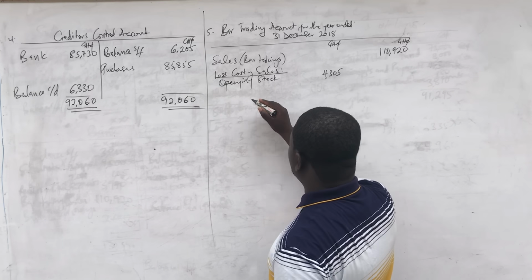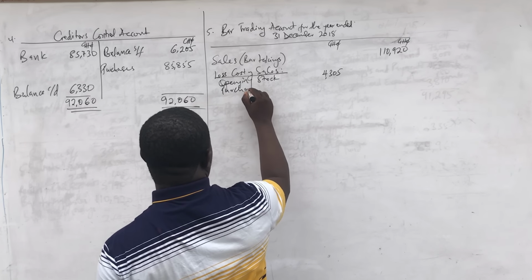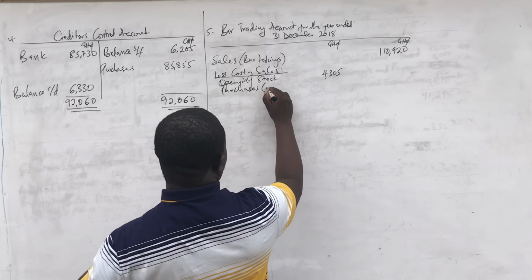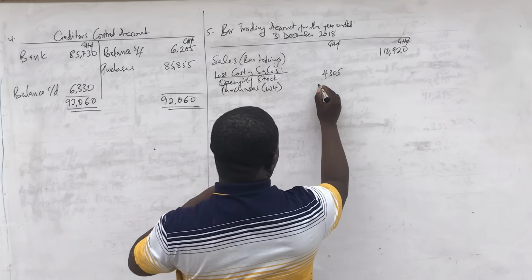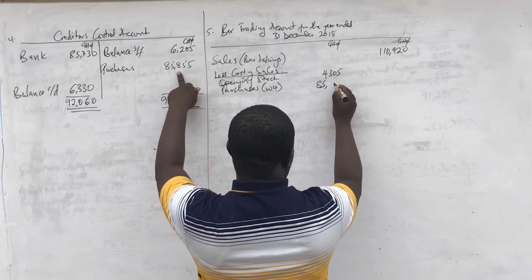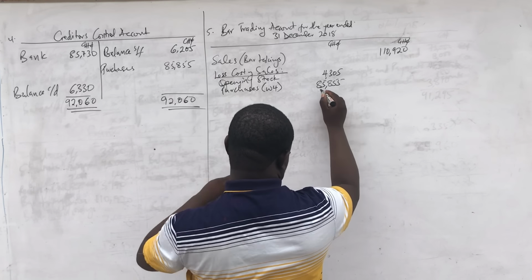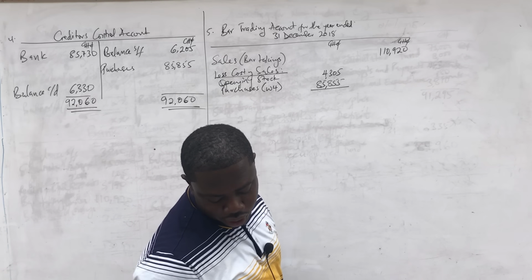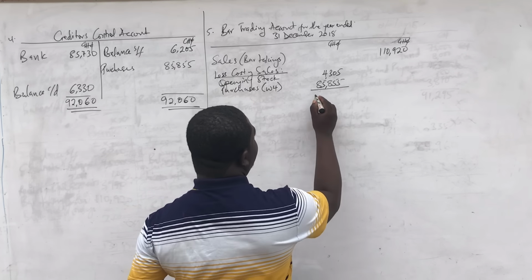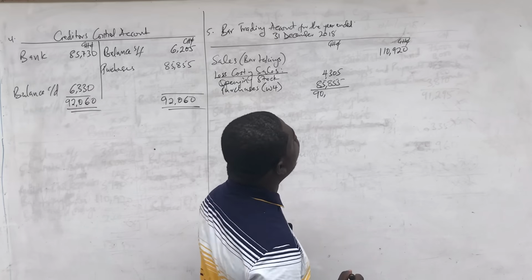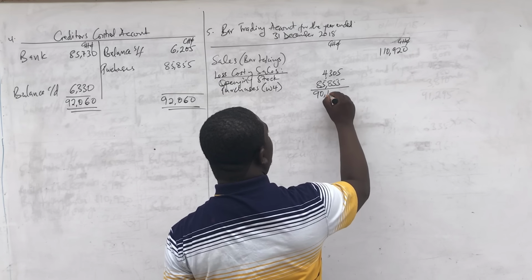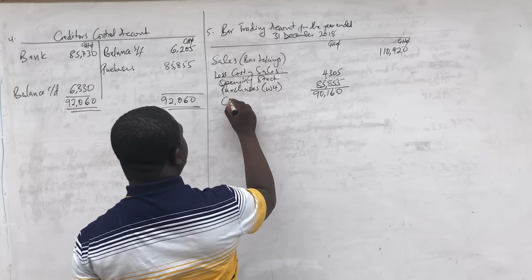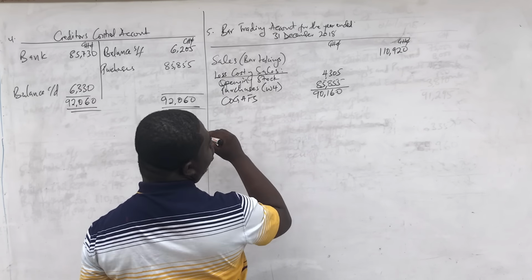And then we add purchases for the bar. The purchases is what we just had from working four, which is 85,855. There is no adjustment on that as well. And so when we add purchases, we have 90,160. That is our cost of goods available for sale, COGAS.